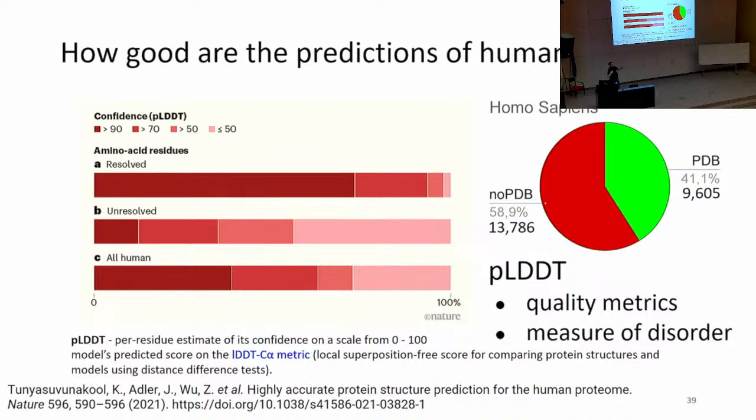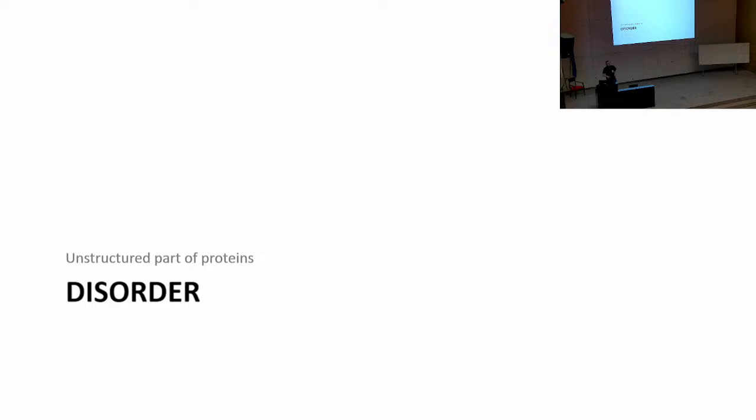And if we look over the whole proteome, we can basically see that two thirds is structured, but one third of the human proteome amino acids are unstructured, which gives us the measure of disorder. And disorder is problematic for those previous experimental methods, because disorder is unstructured, and we are speaking about a method for structure elucidation.